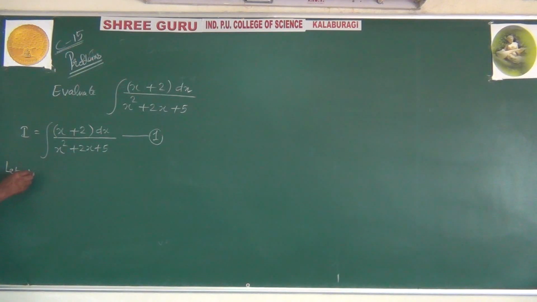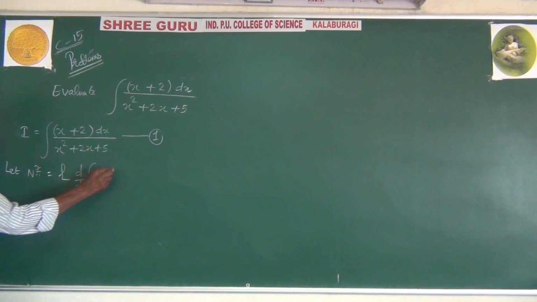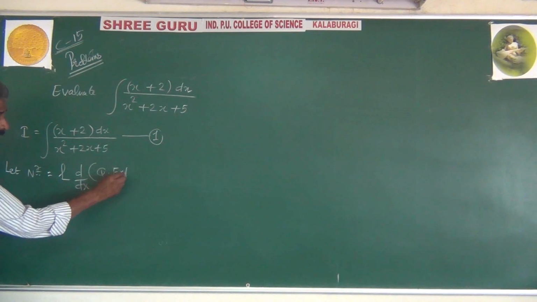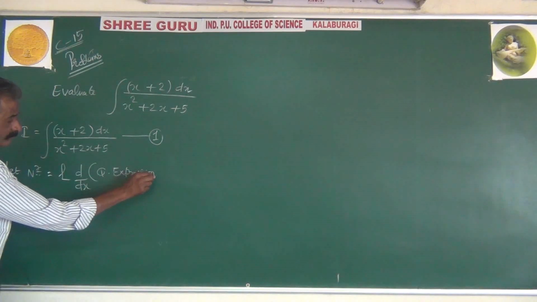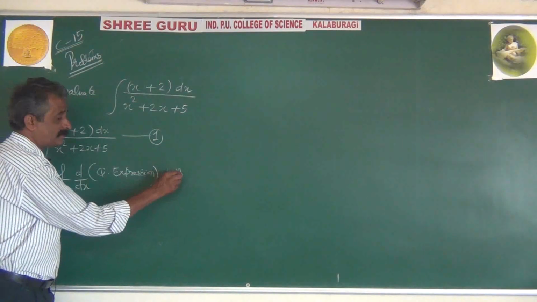Let numerator equal l, n suffix r, means numerator equals a constant l into the derivative of the quadratic expression, plus another constant m.